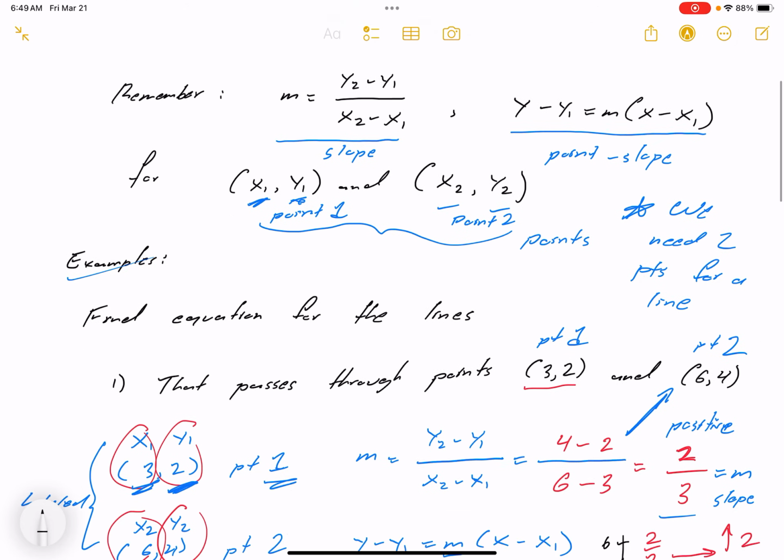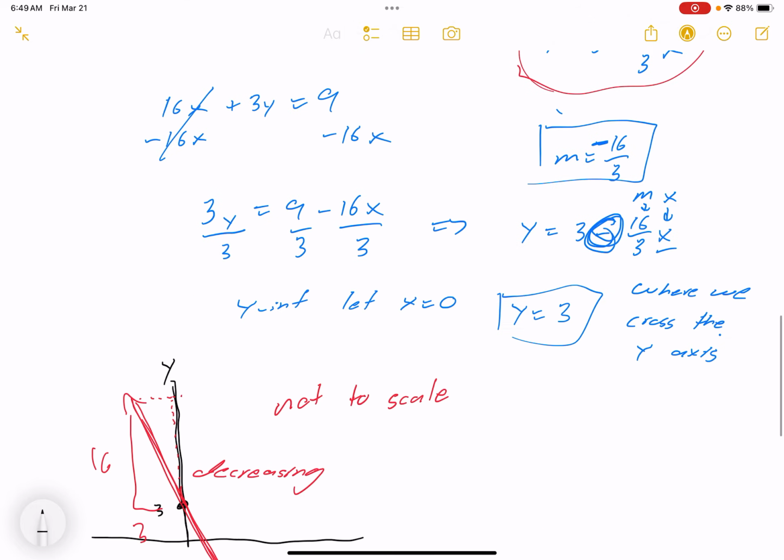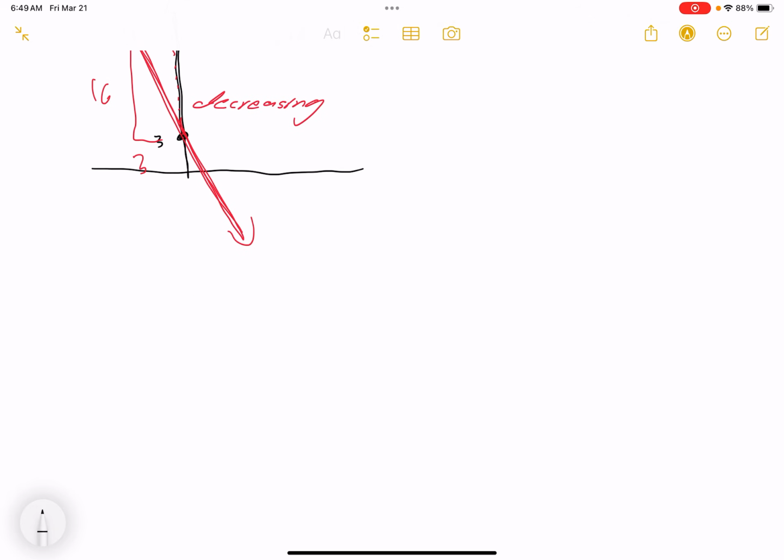I want you guys to find the equation of a line that passes through points, let's make something up, (-2, 7) and (3, 2). I want you to do this on your own. You can pause the video and we'll come back to it.